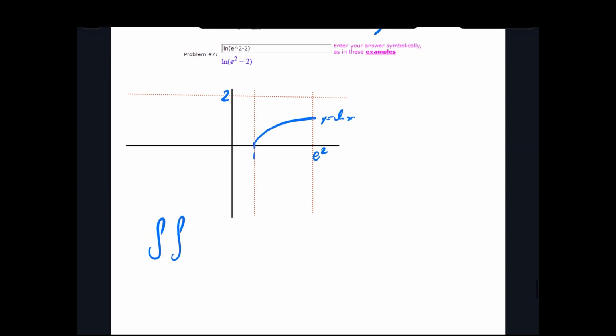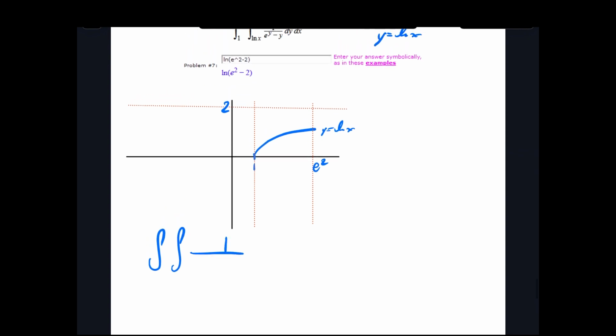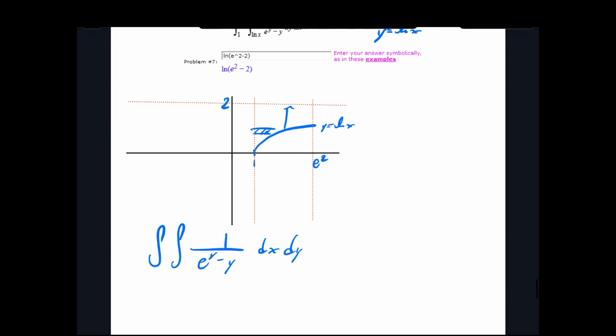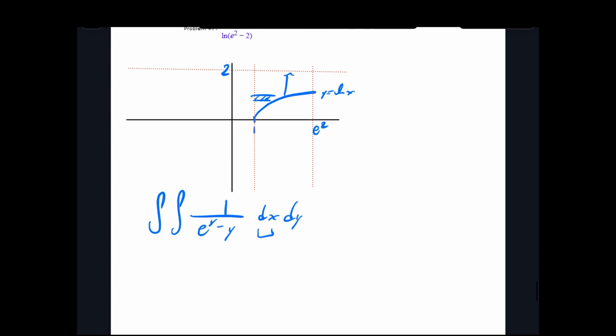So we write just our function. Now it's dx by dy. So now we're integrating horizontally. Now we were going up until 2, right? Now we're going to go horizontally. So if we're going horizontally, we're starting from the left-hand side going to the right.